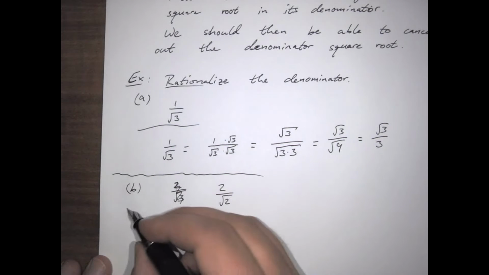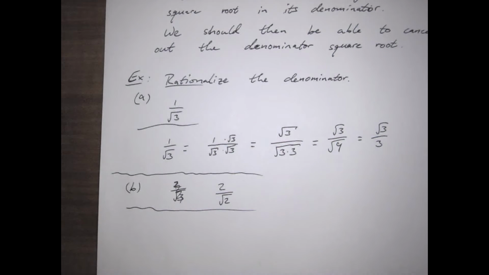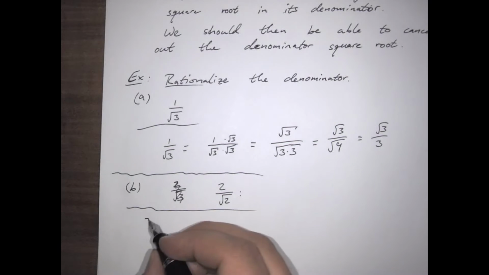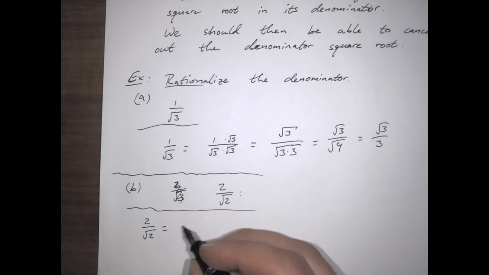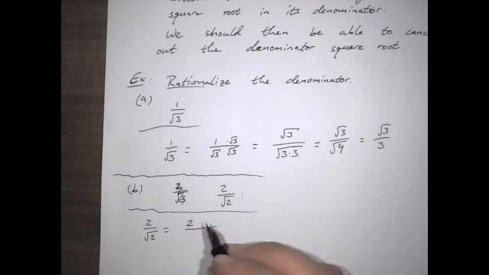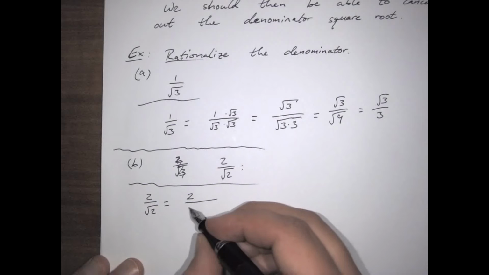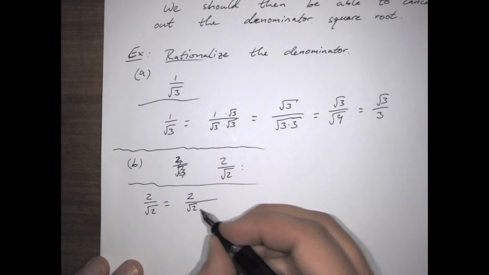Okay, so this is something that comes up pretty heavily actually. So let's try our luck. Okay, so we start by taking this little fraction, and what we do is we just multiply the top and the bottom each by the same thing.